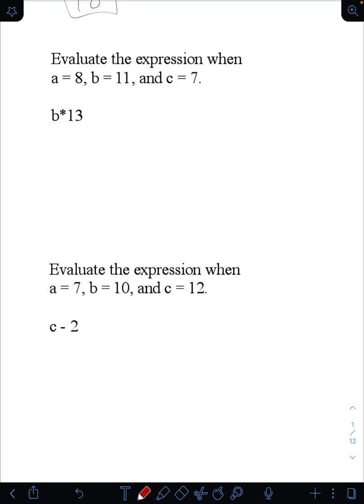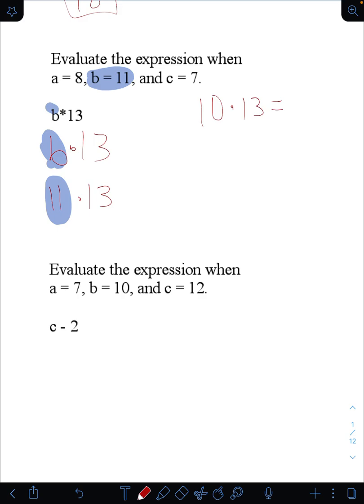Ooh, b times 13. Let's see how that goes. So I do b times 13. I know that b is what I care about. And in this case, b is 11. So I just do 11 times 13. And that's a lot of work. But what I could do is I know 10 times 13.